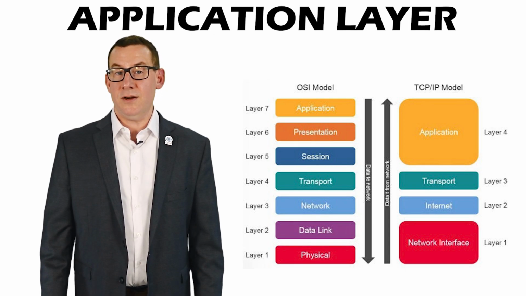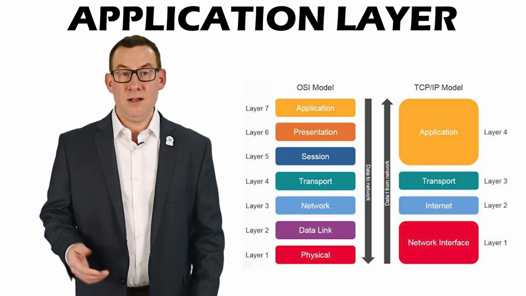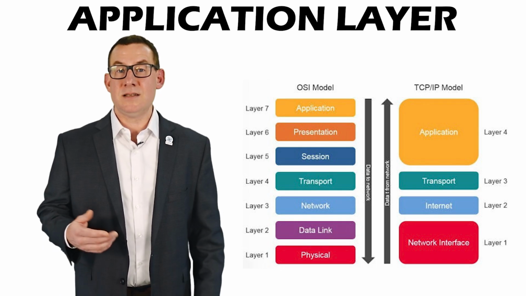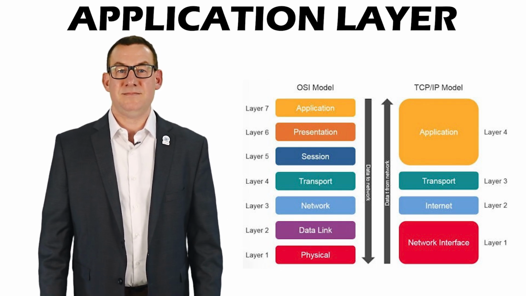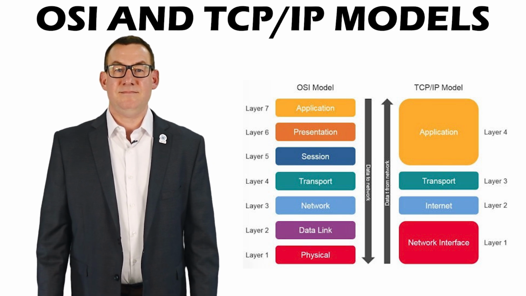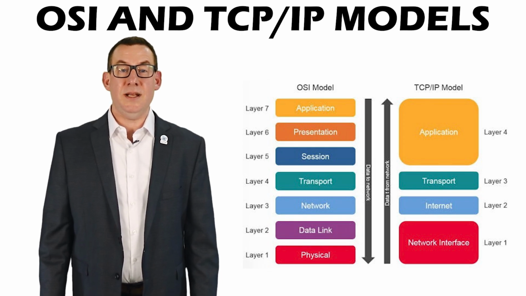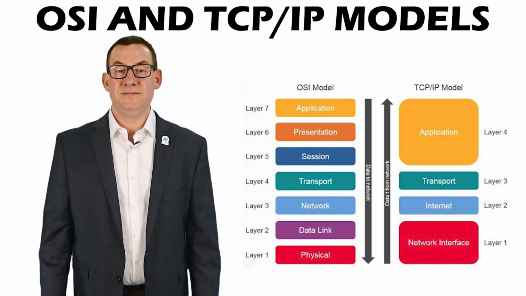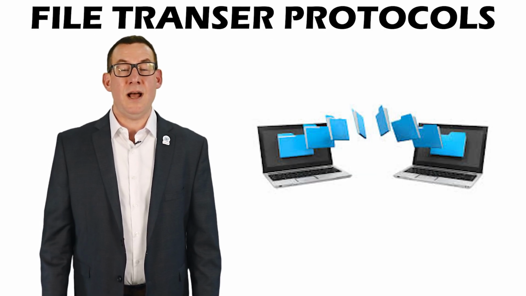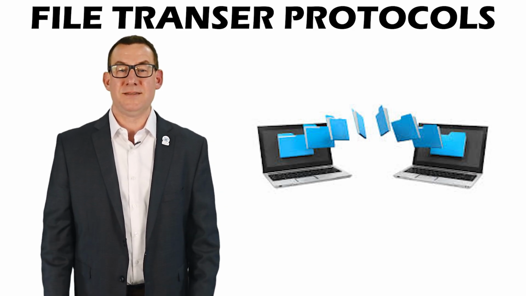The application layer condenses 3 OSI layers: the application, presentation, and session layers into 1 layer. Those 2 models, the OSI model and the TCP/IP model, are the backbone of digital communication. Next, let's take a look at how these networks actually transfer and share files.